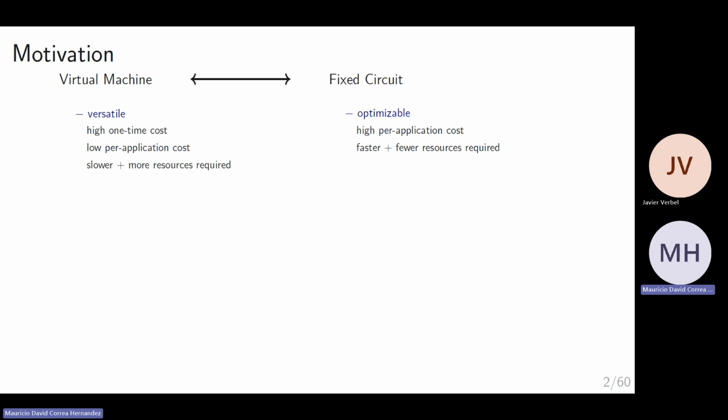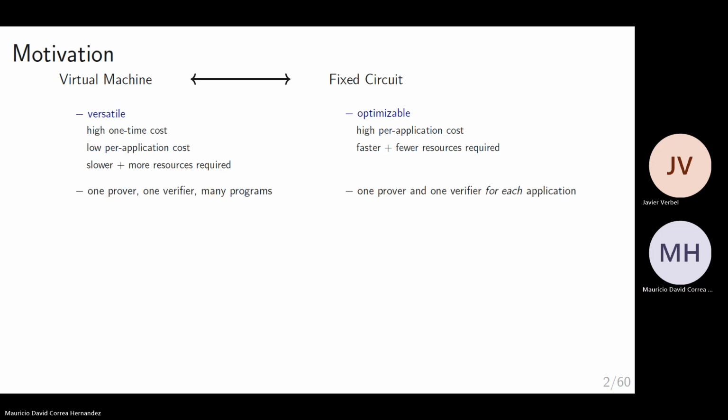But if you have a lot of different applications to cover, that's probably the way you want to go, because writing programs is easier than using the fixed circuit approach, where you have to design a new circuit for every application. And yeah, you can get faster circuits, faster proof systems, if you optimize for every individual application, but it takes a lot more effort.